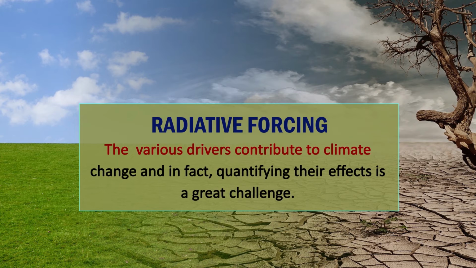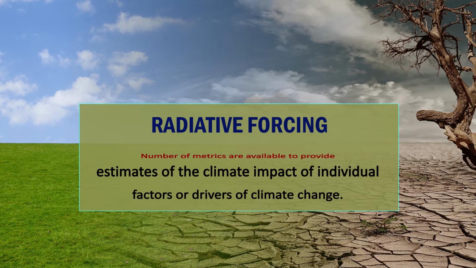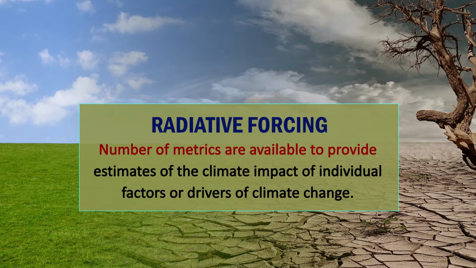We must know how the various drivers of climate change contribute to climate change, and quantifying their effects is a great challenge. However, quite a number of metrics are available to provide estimates of the climate impact of individual drivers of climate change.